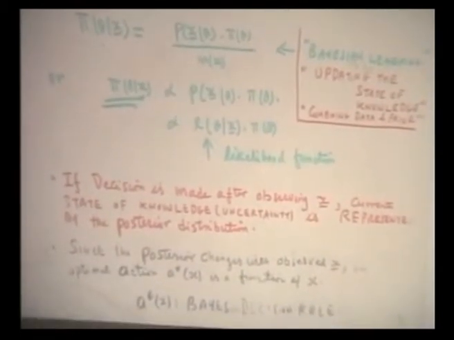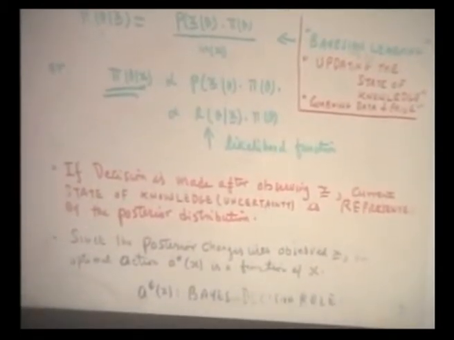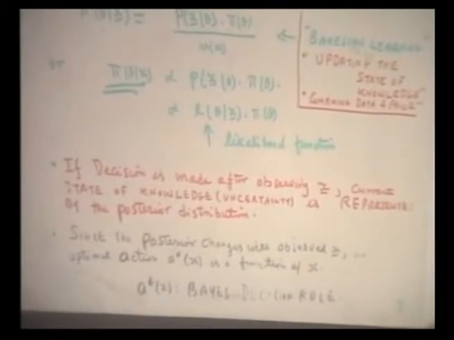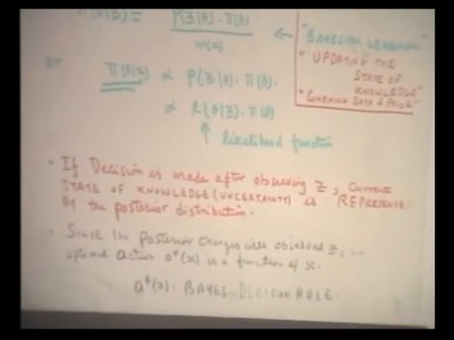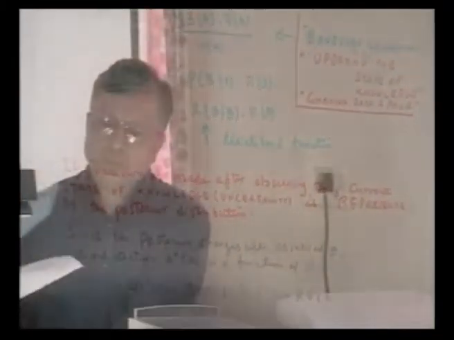And since the posterior changes with the observed x value, the optimal action also changes, because the posterior is a function of x. Therefore, the optimal rule, which maximizes the expected utility with respect to the posterior, will be a function of x. That's how your data is changing your optimal rule. Again, with more data, the optimal rule will change because your posterior is changing. That's the learning part. Any questions about that?